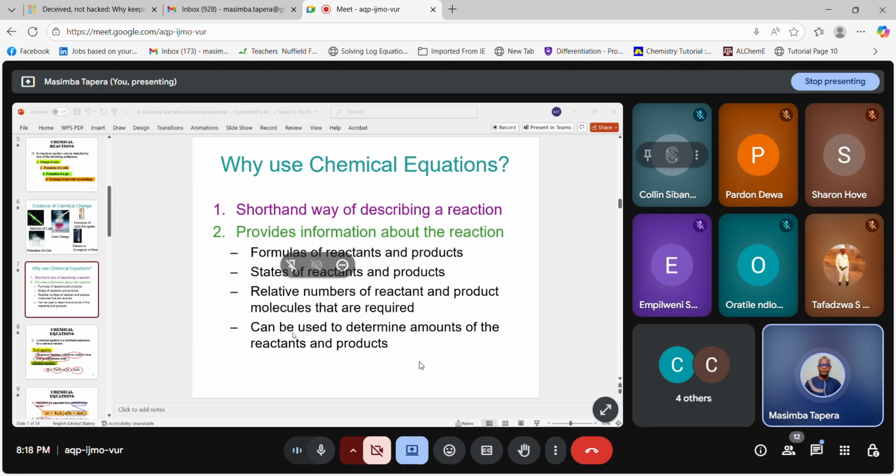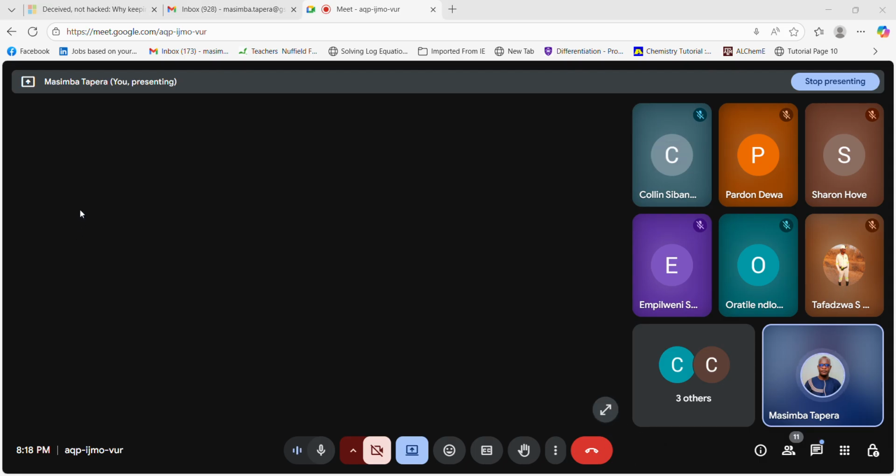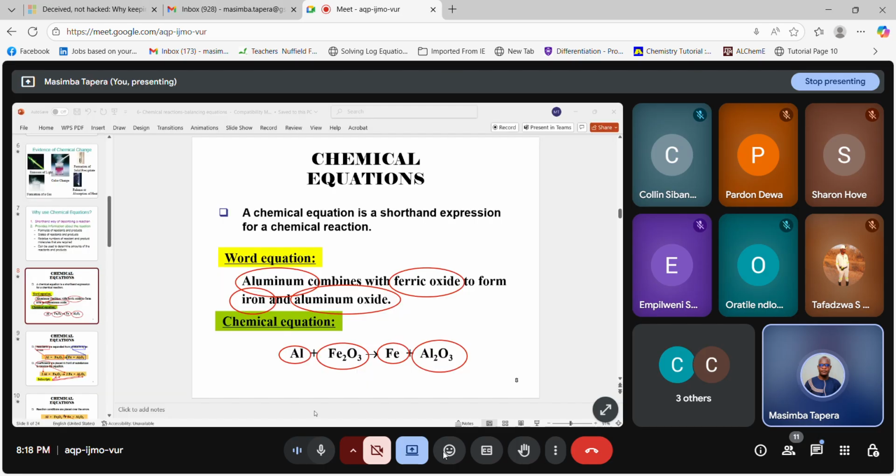And we can also use the equation to determine the amounts of the reactants and the products that are needed for a certain chemical reaction to occur. So that's why we use chemical equations, because they are a simple way or a shorthand way of describing chemical reactions, and they are very informative. They give you the full information about a chemical reaction.